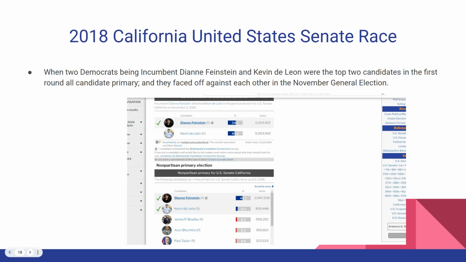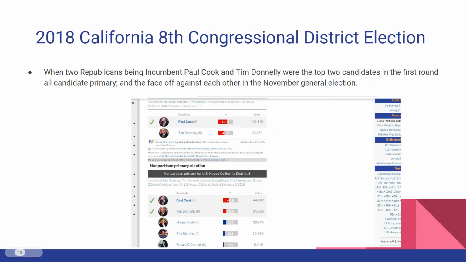And this is true when it comes to a safe Republican congressional district. This also happened in 2018 in the California 8th Congressional District election, when two Republicans, incumbent Paul Cook and Tim Donnelly, were the top two candidates in the first round all-candidate primary, and they faced off against each other in the November general election.